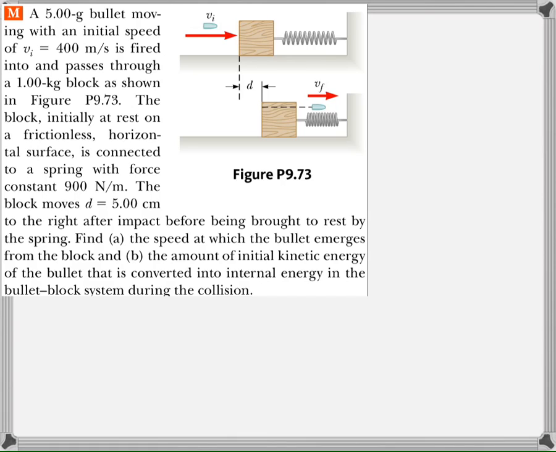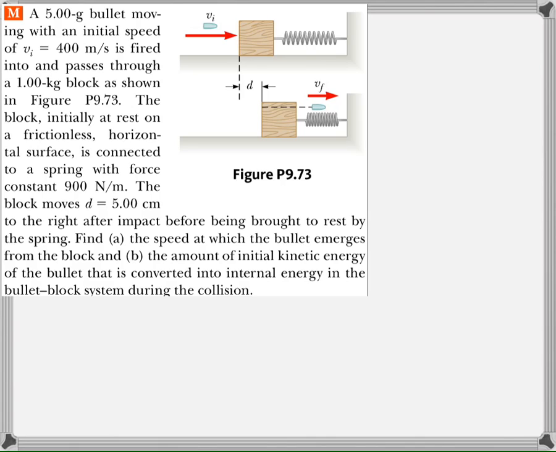The bullet, of course, passes through the wooden block, with some velocity, and the final velocity of the bullet is not known. But the thing is, you are given that the block has compressed the spring attached to it 5 centimeters toward the right. Okay?